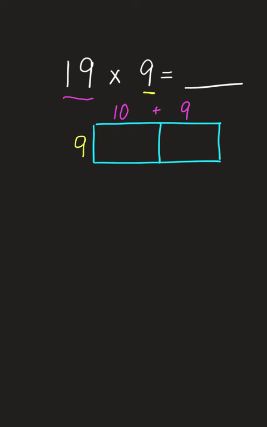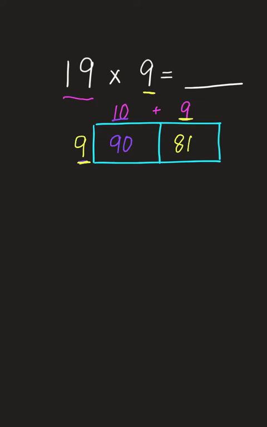Now that I have my formula set up, I can start my multiplication. 9 times 10 goes in the box where they would cross. 9 times 10 is 90. Then I move to the other problem, 9 times 9, which I know is 81.